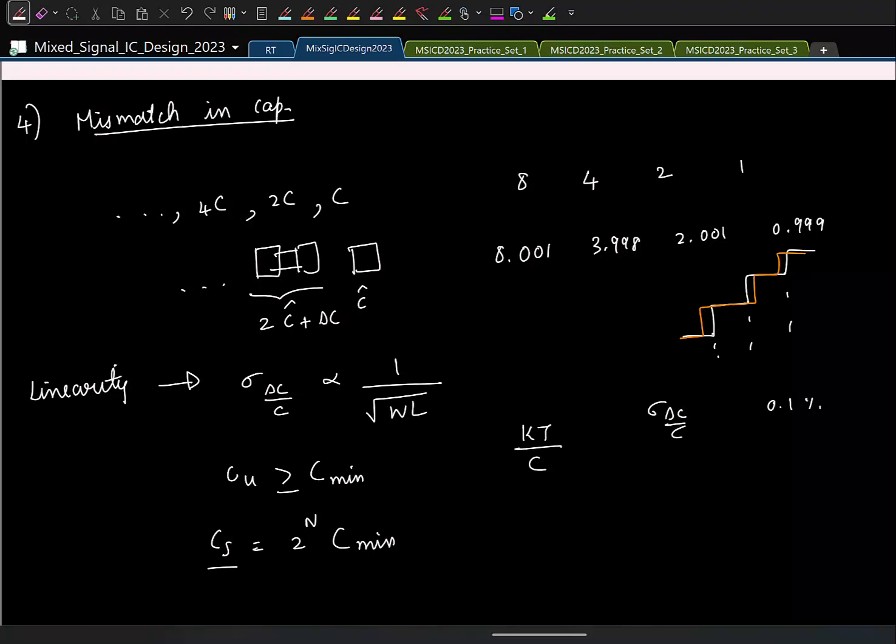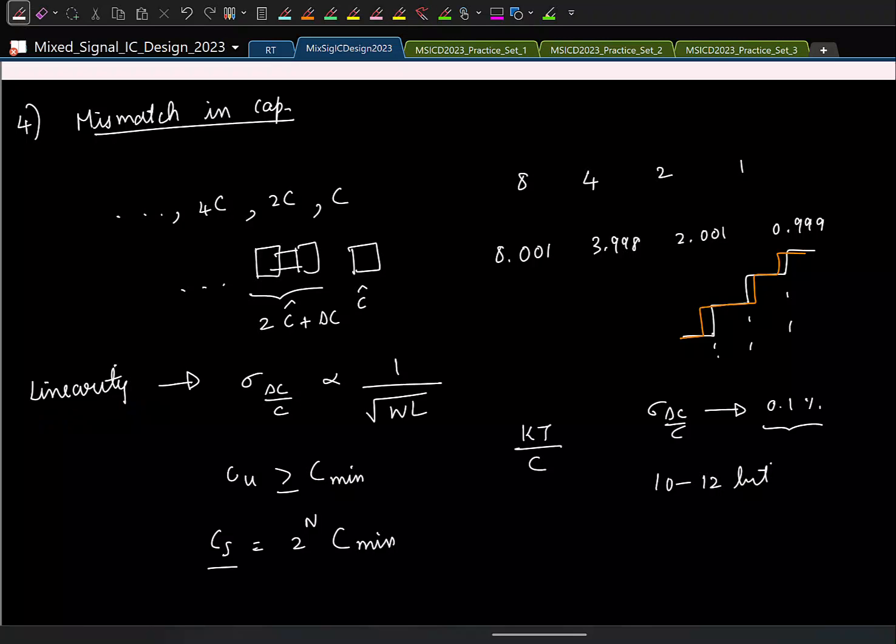This is something achievable in CMOS process. If you want anything smaller than that, it is not practical. And it works out that if you can get a matching of around 0.1%, with this matching you can realize around 10 to 12 bits of resolution without taking a hit on the linearity.